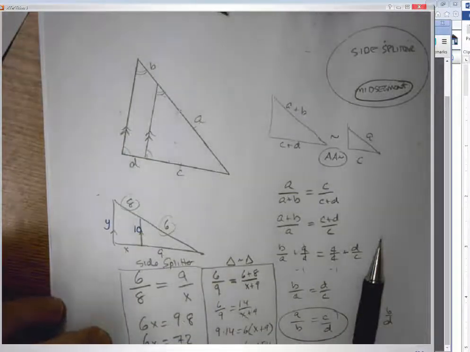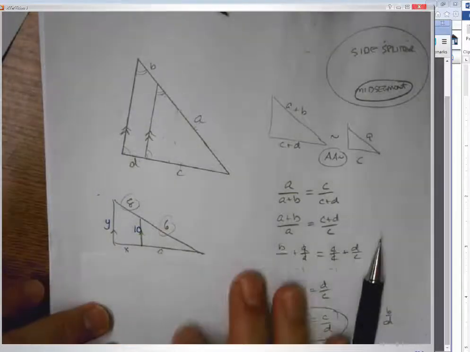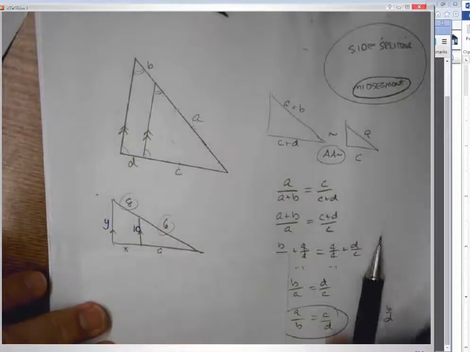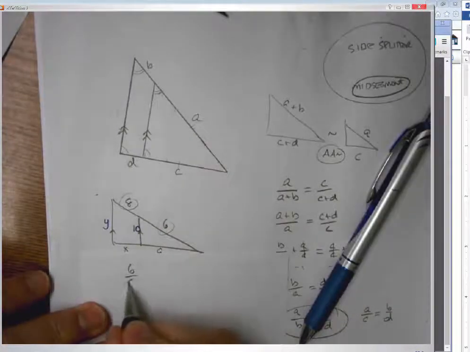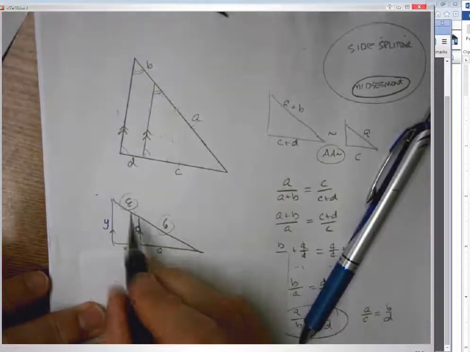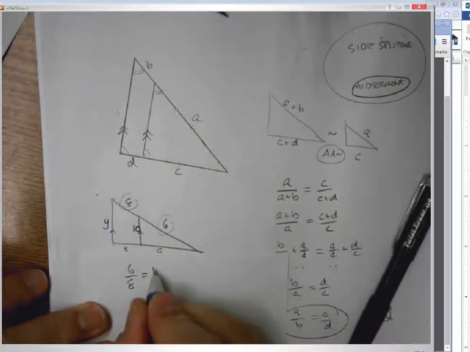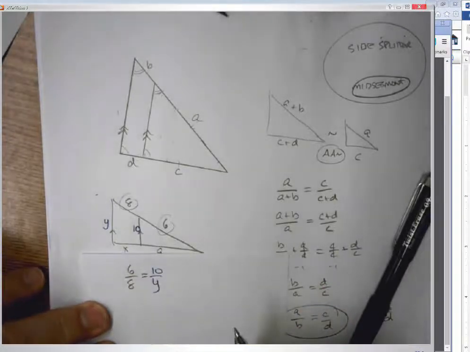I might be tempted to say 6 is to 8, this is to this, as 10 is to y, and think about it as a side splitter. That actually is not going to work.